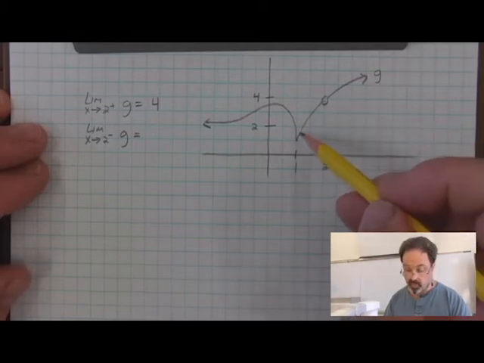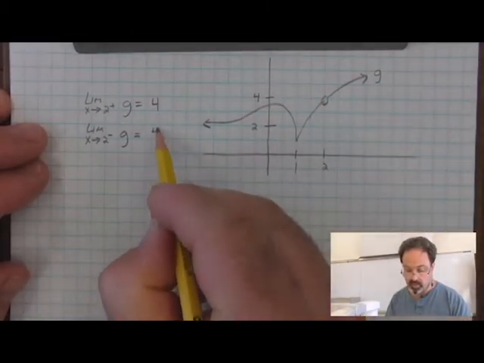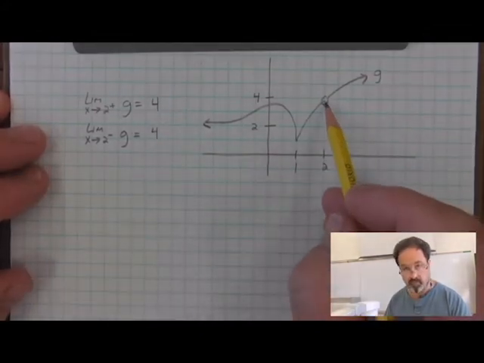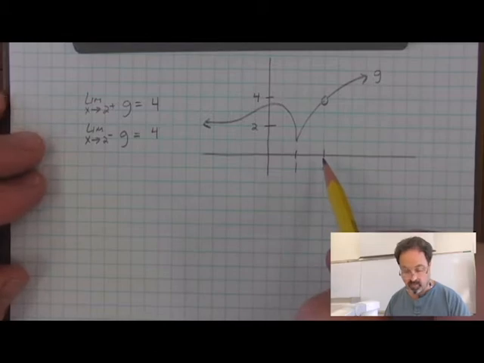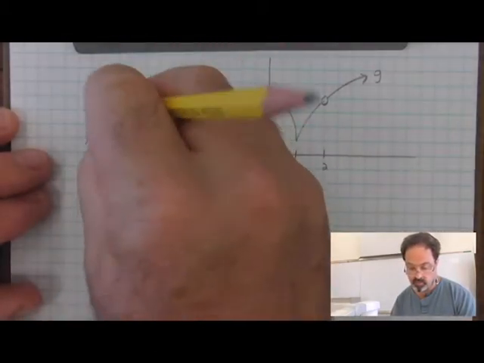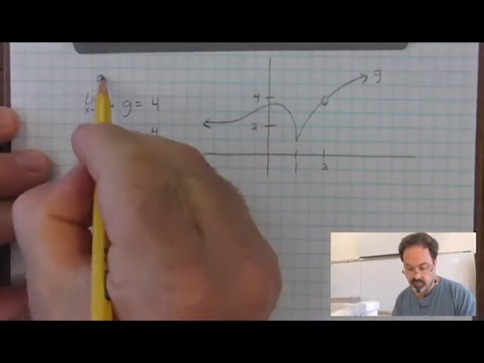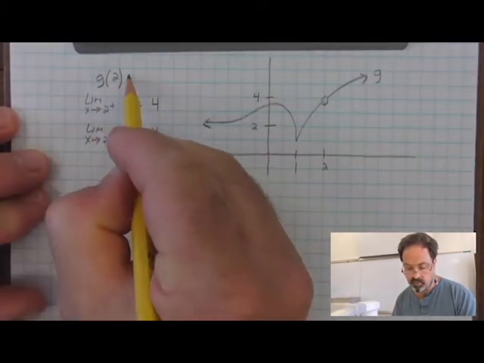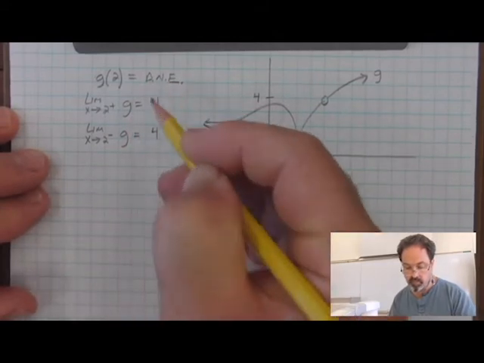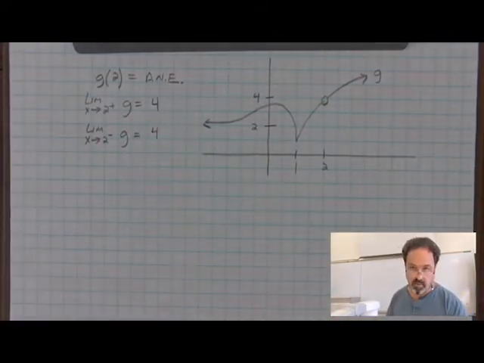Where do we think that we will end up? Again, at 4, even though we don't have a value of the function at 2. We could say, as a reminder, the g function evaluated at 2 does not exist. We'd also say 2 is not in the domain of g.